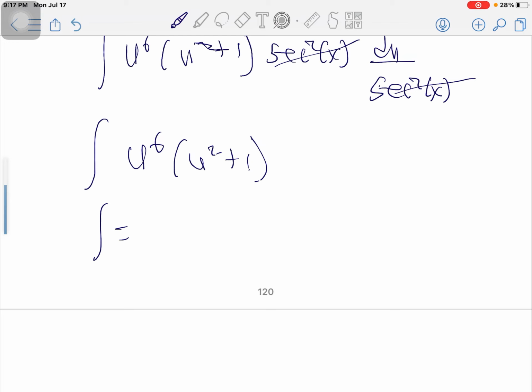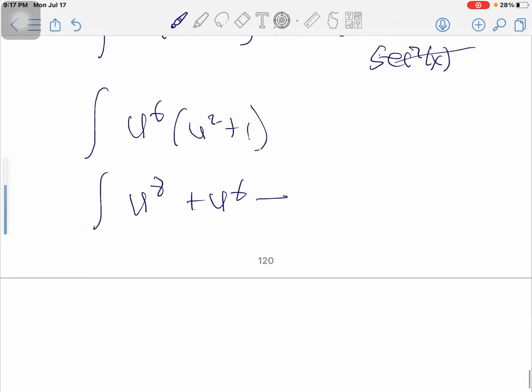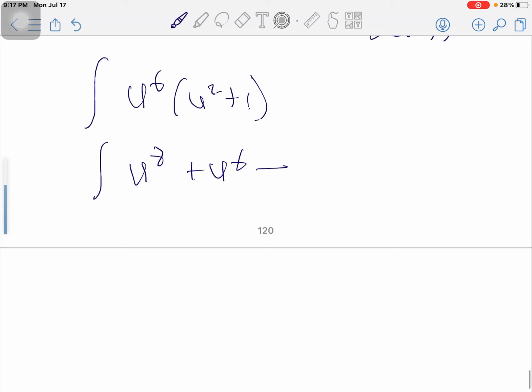In simplification, we get u to the power 8 plus u to the power 6.